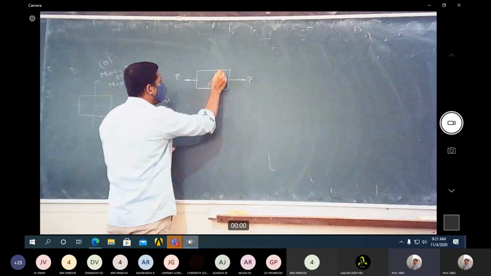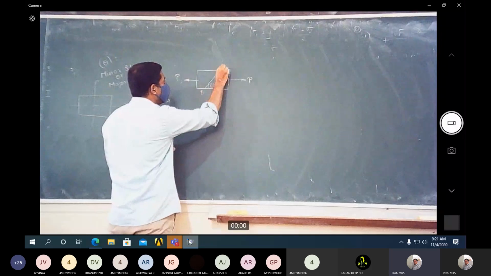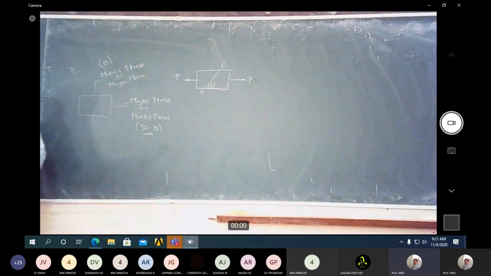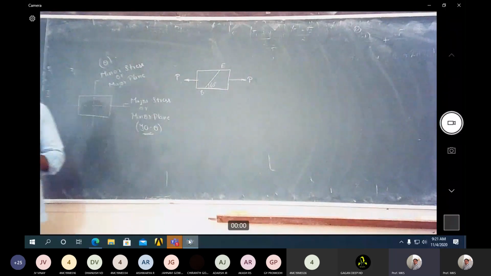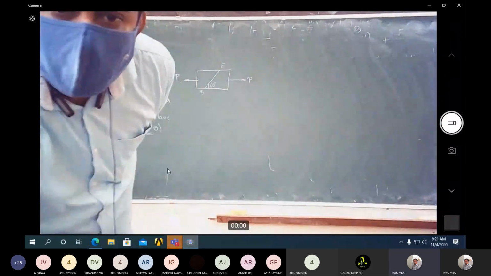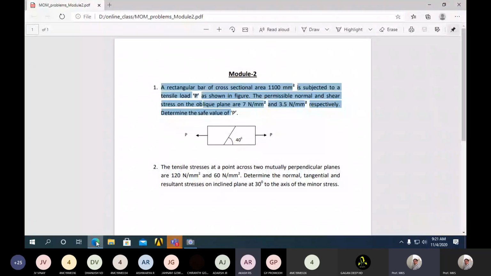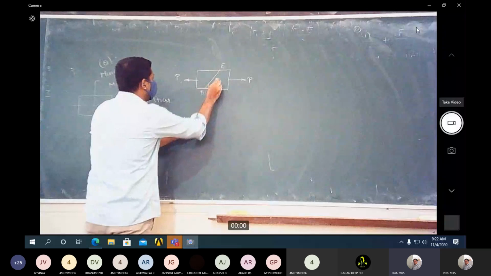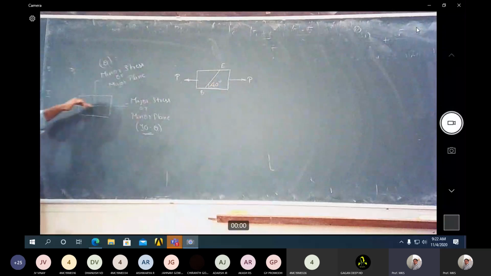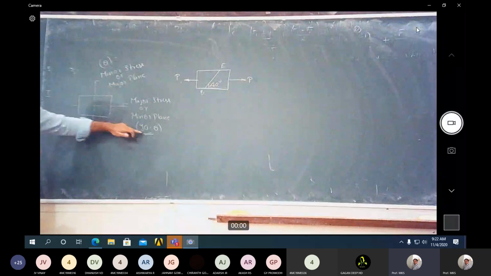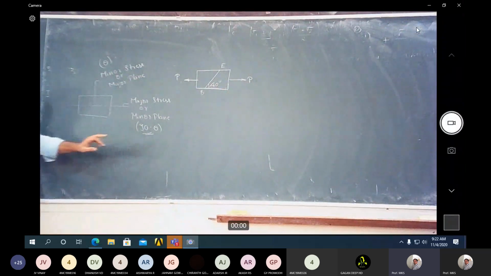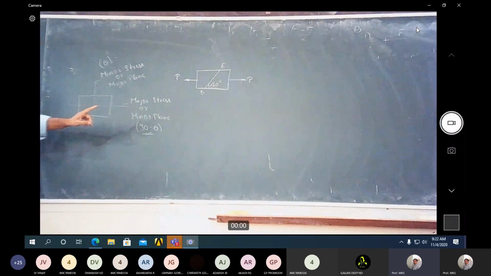Okay, if it is 40, no problem, you take the inclination as 40 degrees. This is the inclination with respect to the x-axis. So if it is the x-axis, theta will be equal to 90 minus theta. Keep that in your mind, very important. If that goes wrong, the problem is wrong.